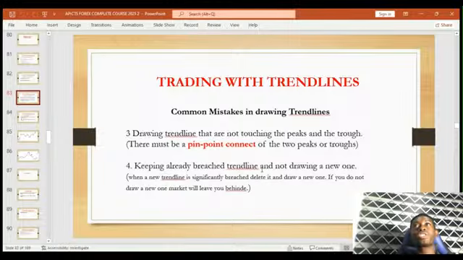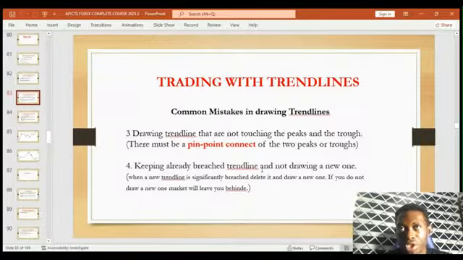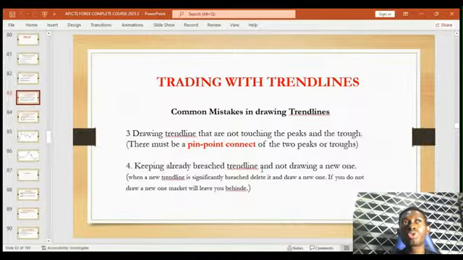But there are instances where you have to keep the breached one, especially when price is not too far away from it, because in the near future, price may still respect it. When a trend line is breached, the price has passed through it, but price is not too far away from it, you can still keep it because price may come back later and respect it.